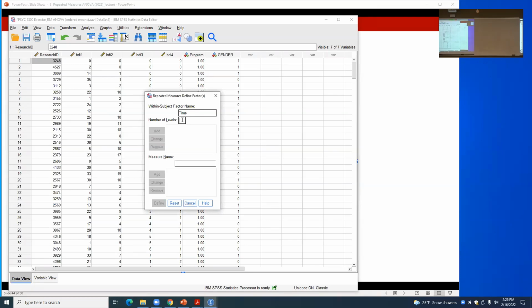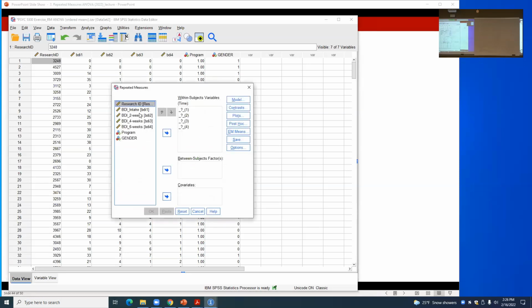How many levels do I have to my factor? Four, right? Yeah. So I've got 4 repeated assessments. Going to hit add, then you hit define. Okay. I've got BDI 1, 2, 3, 4: intake, 2, 4, 6. Going to drop that in my time.